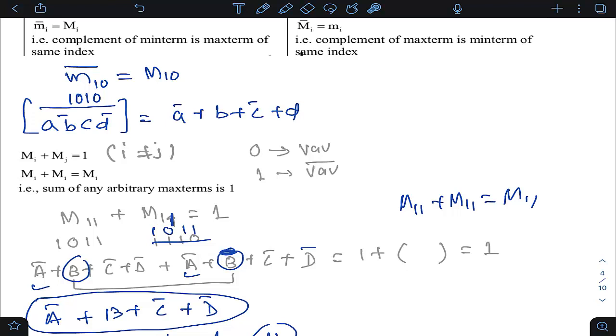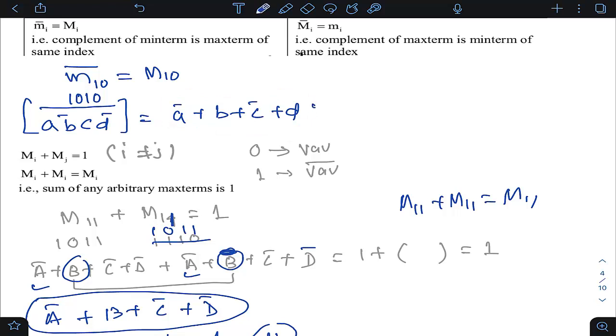So this minterm 10 was a product term. When you take its complement, you get a sum term. The product term was indicating a minterm, and now the sum term is indicating the maxterm. If I ask you, if this is representing a maxterm, what is its index? In the maxterm notation, students, we have already seen variable complement is 1 and variable is 0.